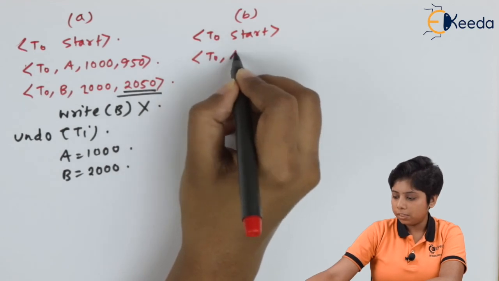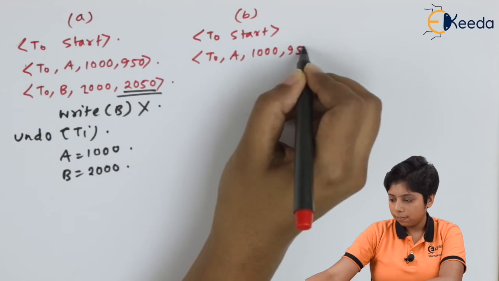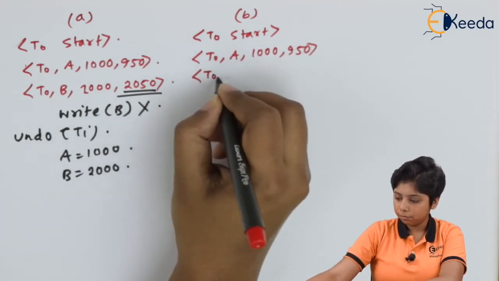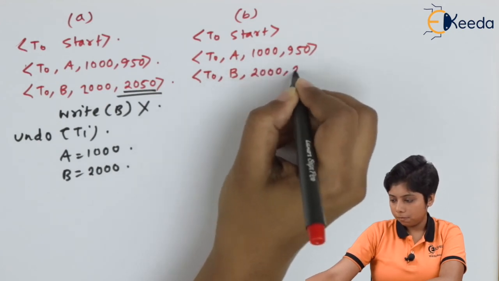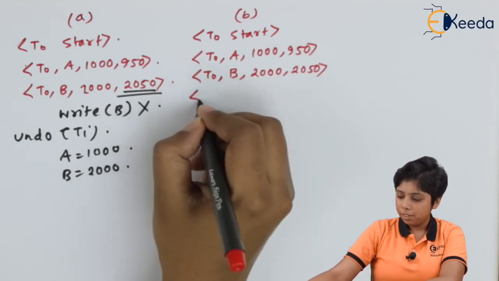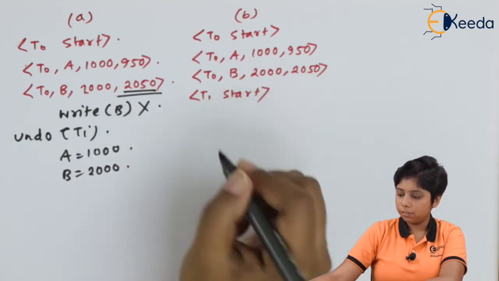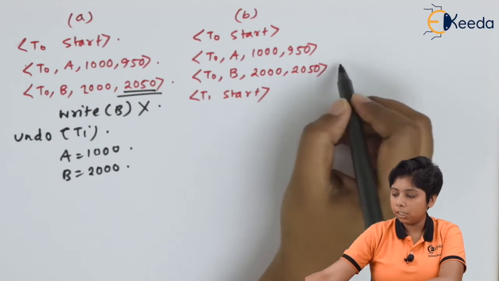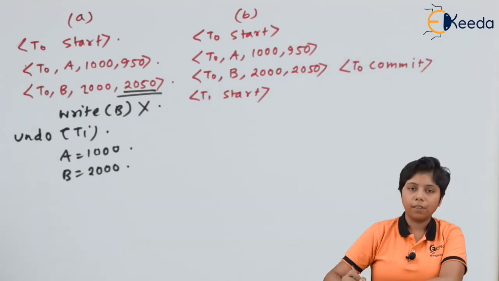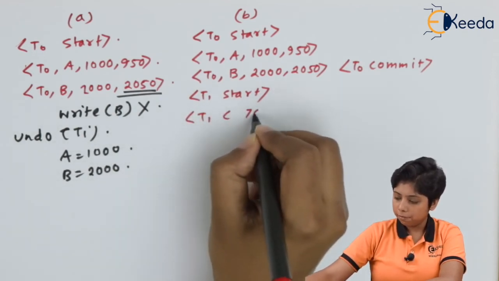Next we have T0 writing the value to the database. Now again writing the value to the database. Finally we are starting this T1. After that we can commit this T0. And now we can have this T1 with the C.